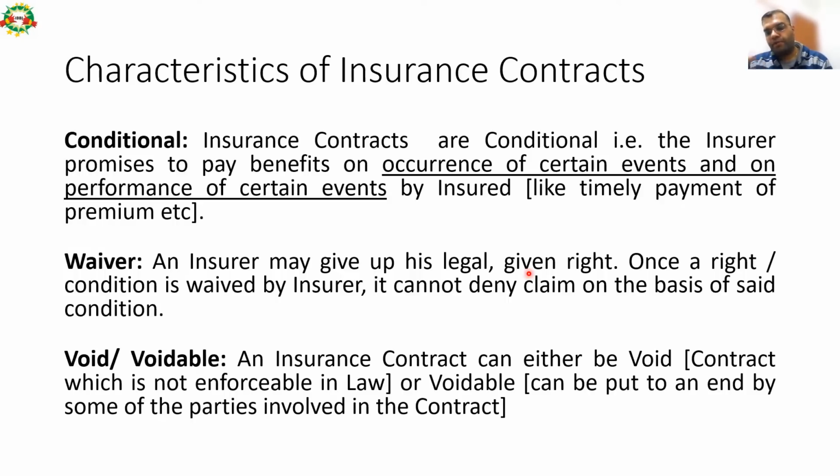When we purchase insurance policy for big machineries, people tend to negotiate with the insurance company, and the insurance company also considers making customized policies for those companies and those assets. So once the insurance company has agreed to waiver of any condition or legal right, then based on that waiver, subsequently the insurance company cannot deny payment of claim to the proposer.